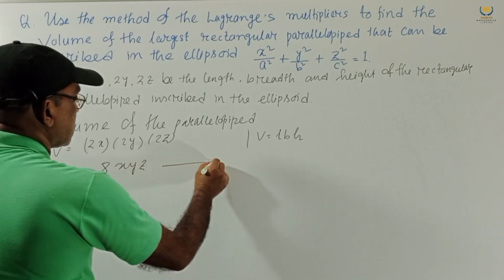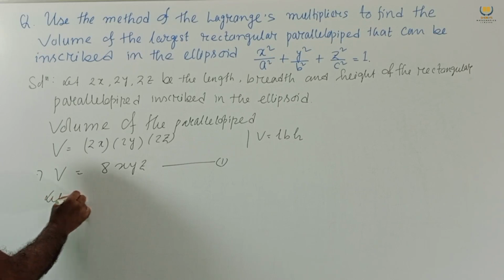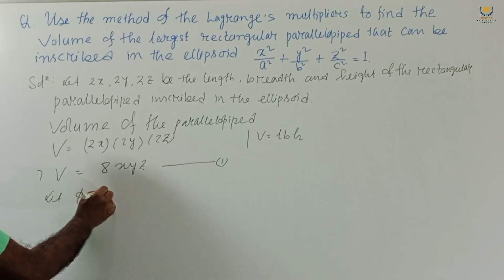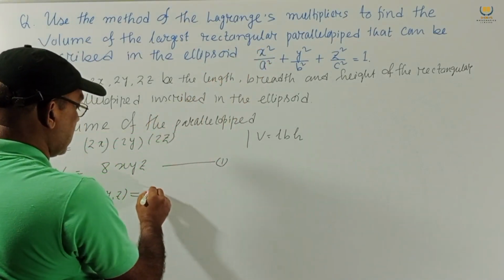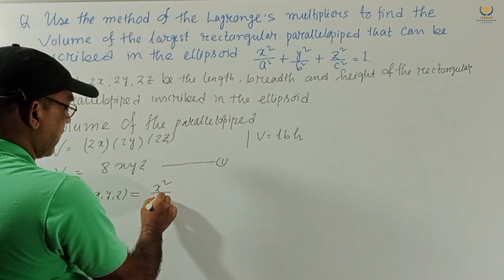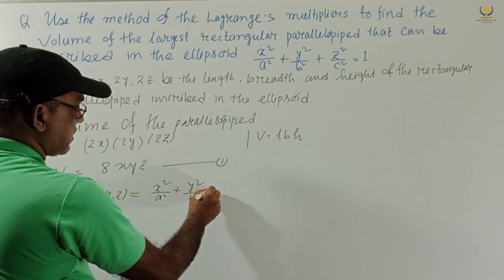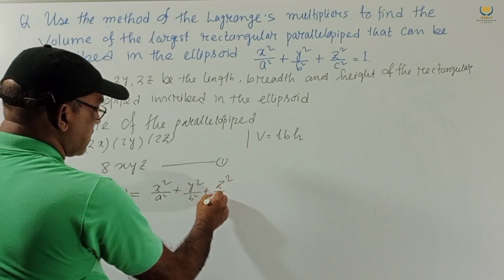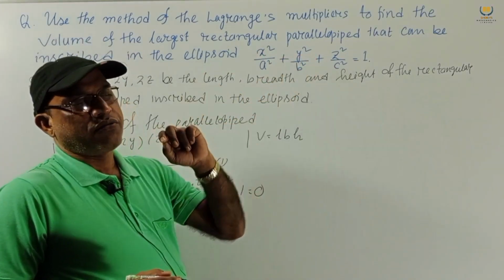We consider this is number 1. Let phi of x, y, z equal to x² by a² plus y² by b² plus z² by c² minus 1 equal to 0. We consider this is phi.